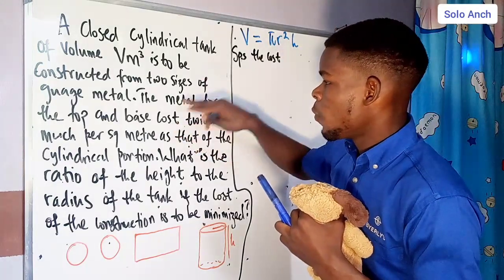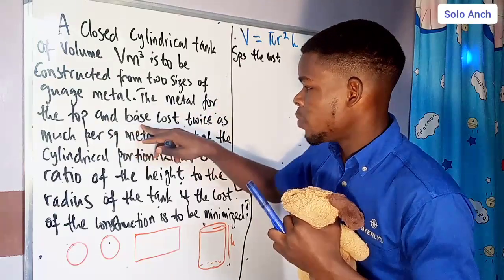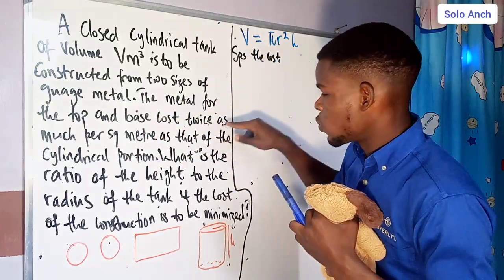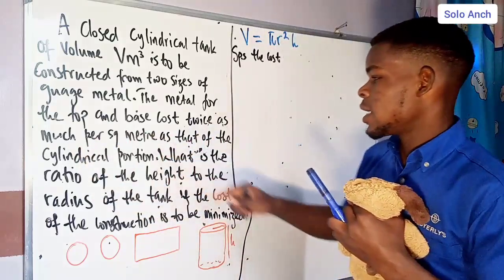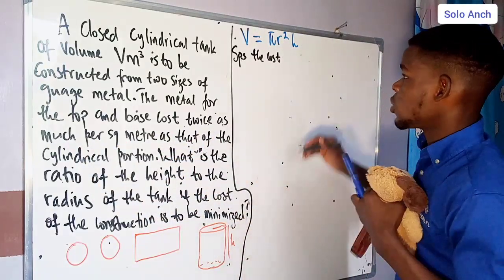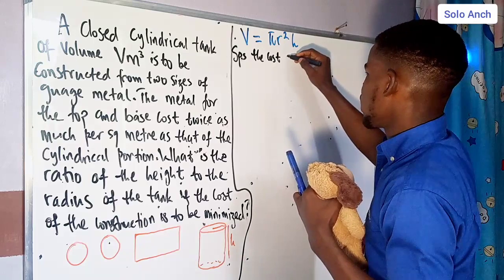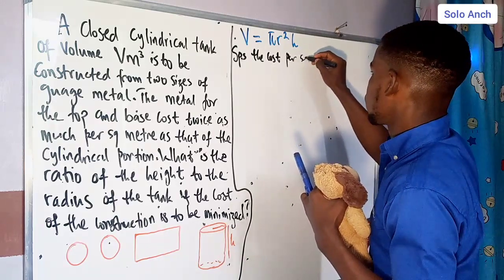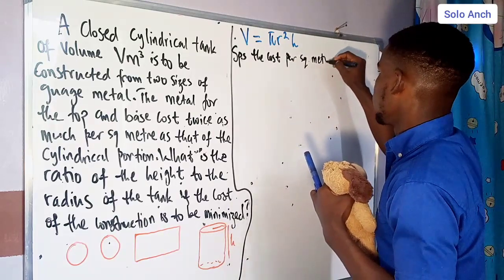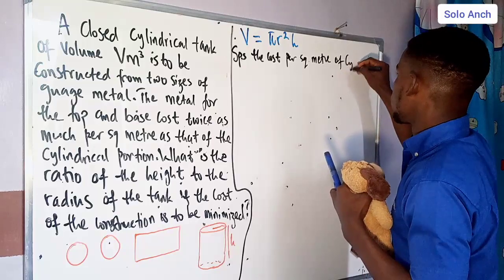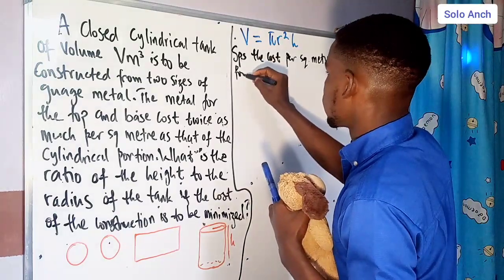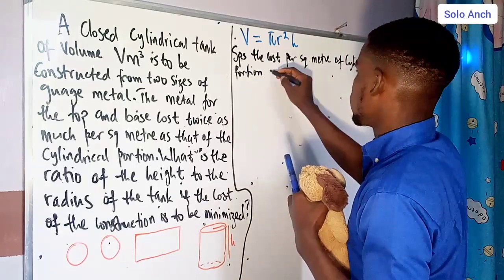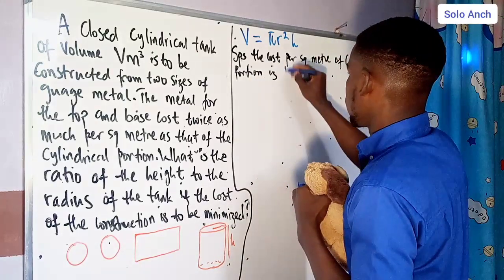The cost for the metal for the top and the base is twice as much per square meter as that of the cylindrical portion. So let's suppose the cost per square meter of the cylindrical portion is P.